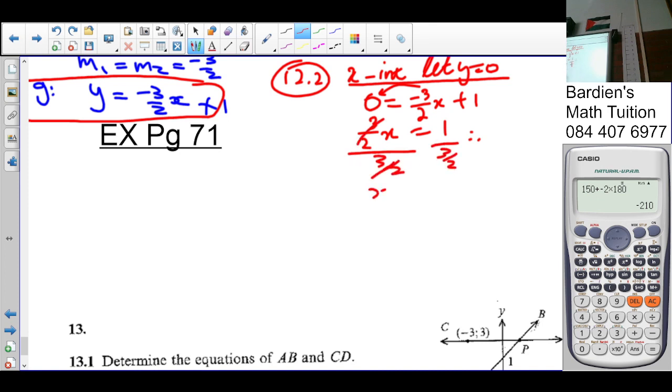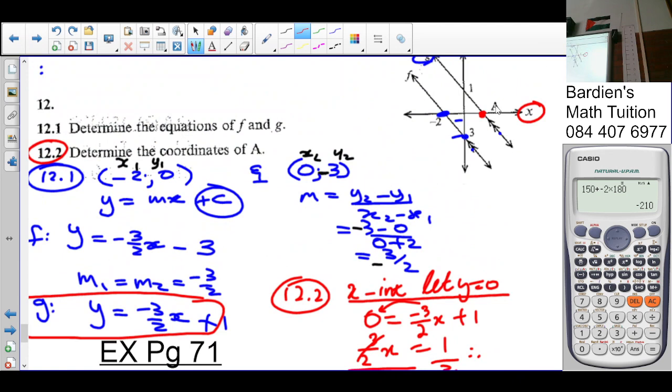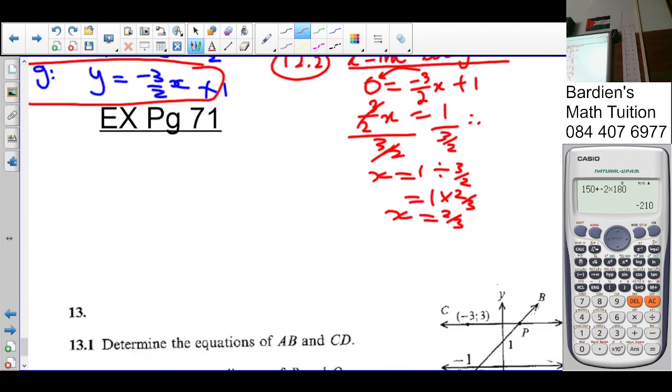So x is equal to 1 divided by 3 over 2, the same as saying 1 multiplied by 2 over 3, which is 2/3. Have I answered the question? No, they want the coordinates of A. So therefore, A would be (2 over 3, 0).